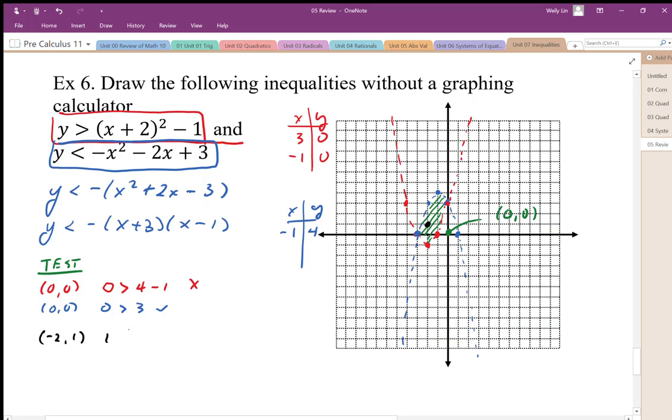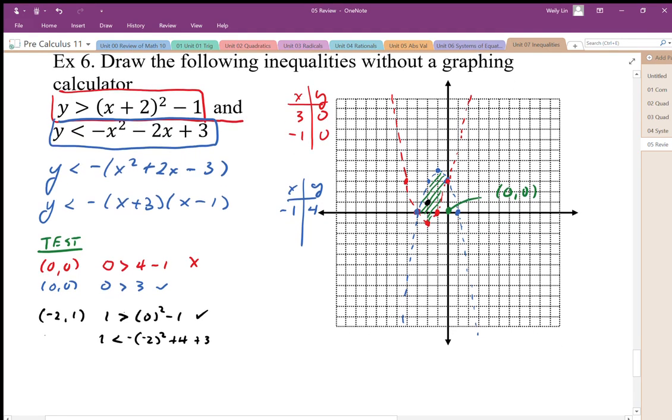So I get 1 is greater than 0 squared minus 1. That works. If I test it in the second one, I get 1 is less than -2 squared, negative and negative is +4, plus 3. When I work this out, I get 1 is less than -4 plus 4 plus 3.